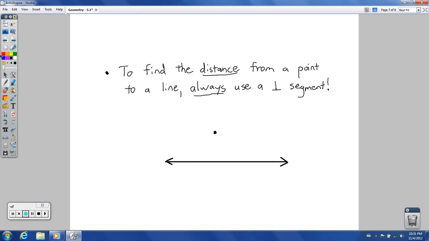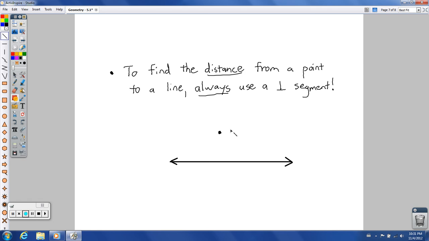What's the distance? Could it be a line that looks like this? You drew that in, is that the distance? No, because it's not perpendicular to this line. This is not the fastest way to get from the point to the line, in other words.